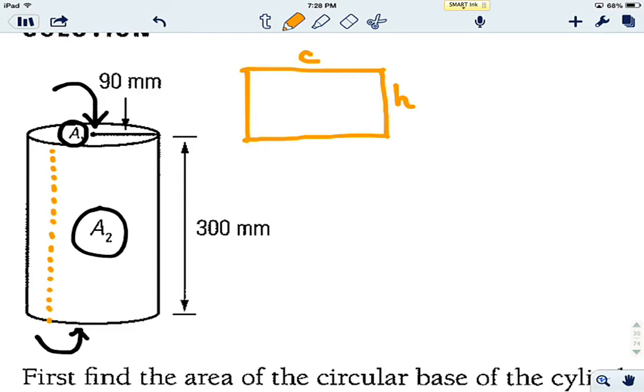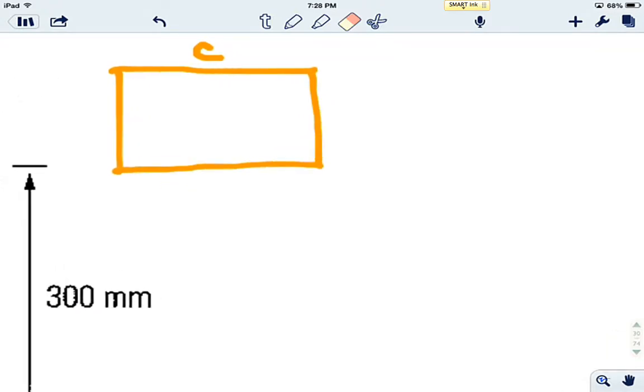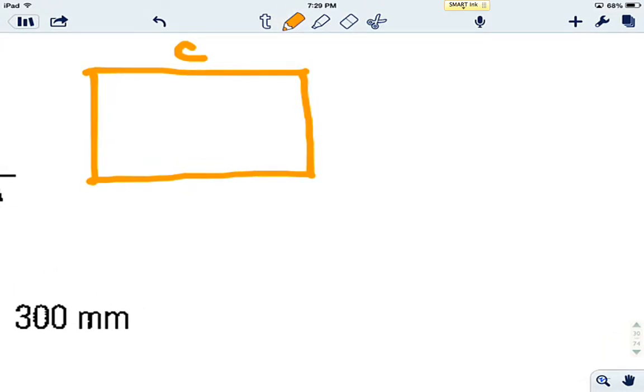Let me fill in this height. We know it's 300 millimeters.